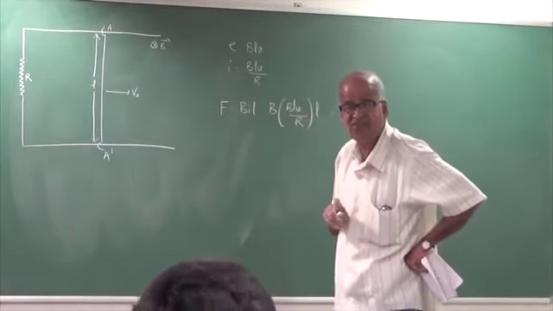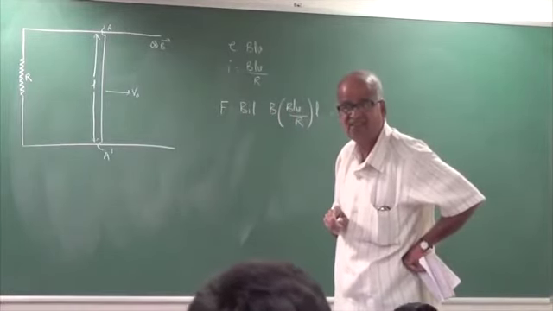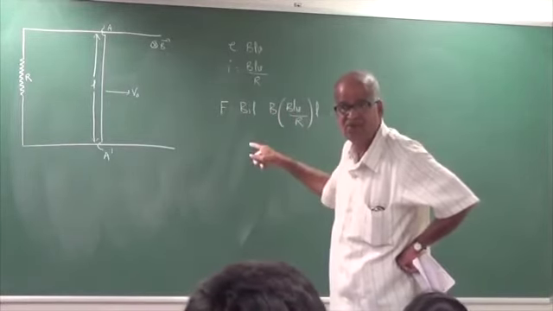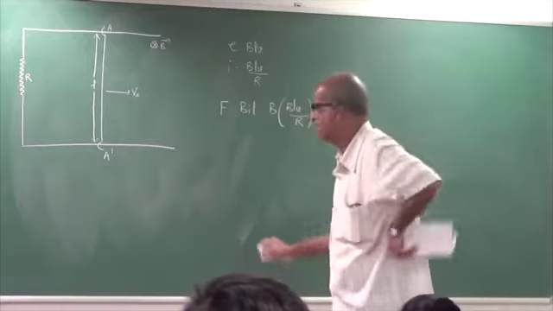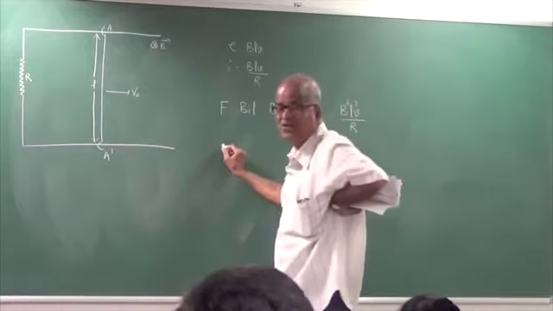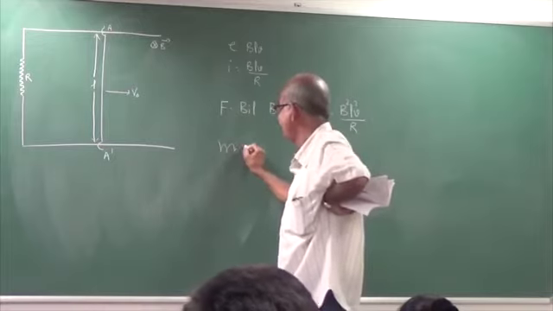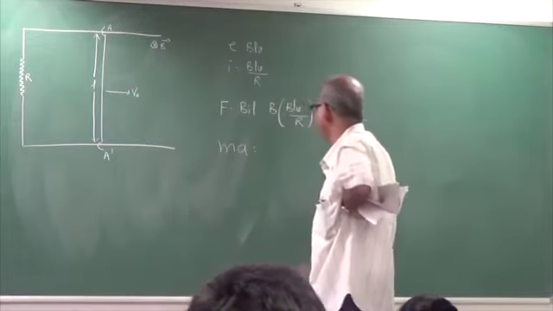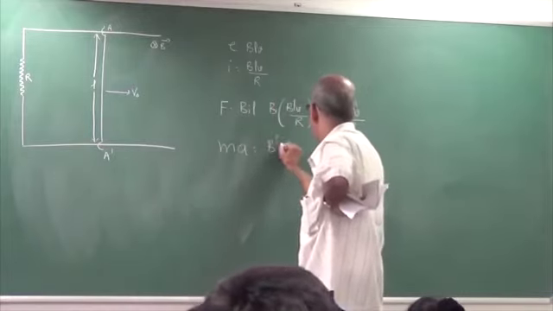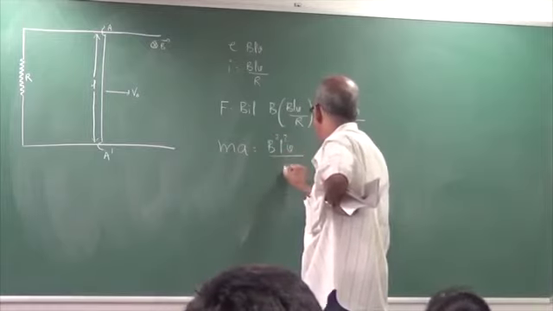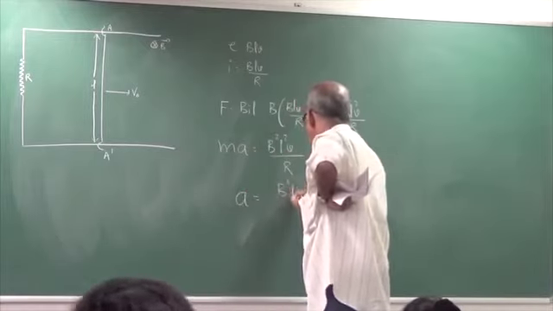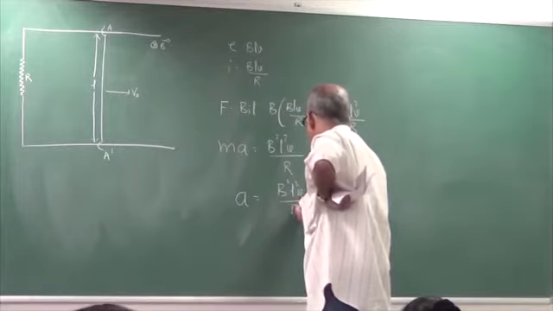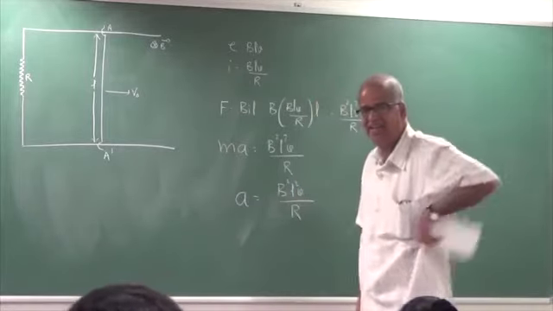What is the effect of this force? To reduce the velocity. Now, Newton's law says force is equal to mass into acceleration. That should be equal to B squared L squared v by R. So, a is equal to B squared L squared v by m R. Will you agree?